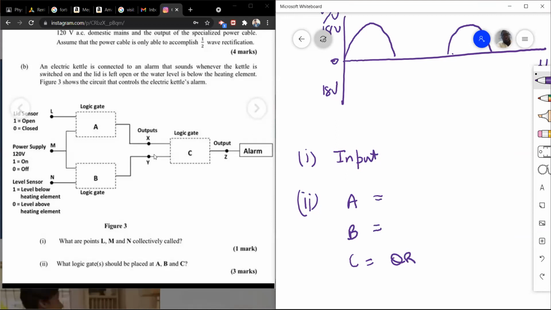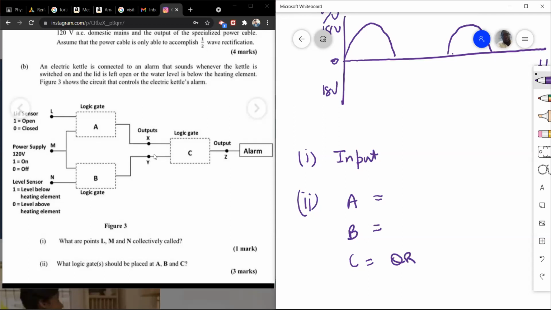Yeah, I was saying probably an AND gate at A, I don't know. All right, so we want an AND gate at A, meaning we want power to be going to the kettle. So we know that both A and B are getting, once it's an input state of 1, that means power going to the kettle. The kettle is on, right?